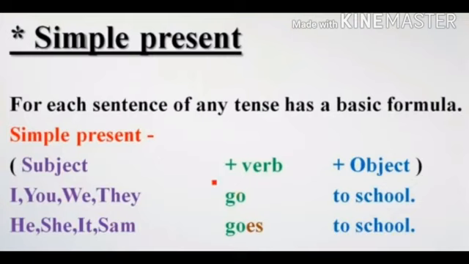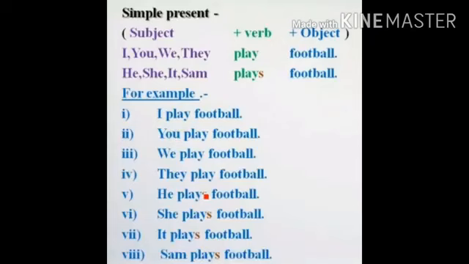Means while writing a sentence, we must remember that in the verb, for a person name, maybe a boy, a girl, or an animal name, or anything, we use the verb plural form. Let us see some more examples.